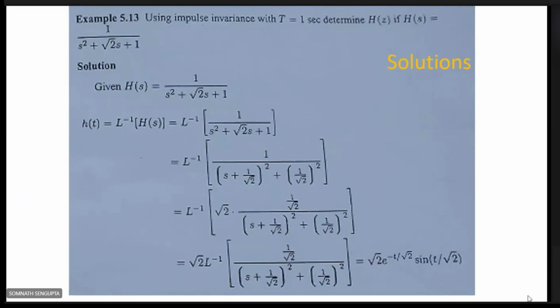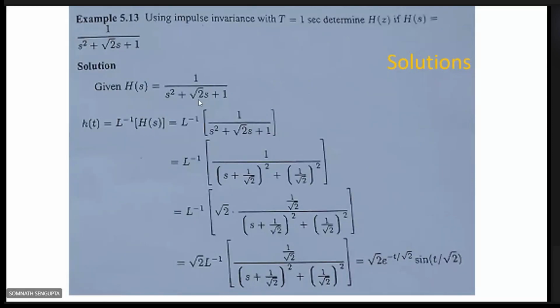the same method, that is using impulse invariance method with T equal to 1 second, determine H(z) if H(s) is equal to 1 by s square plus root 2 s plus 1. So what should be the first step?